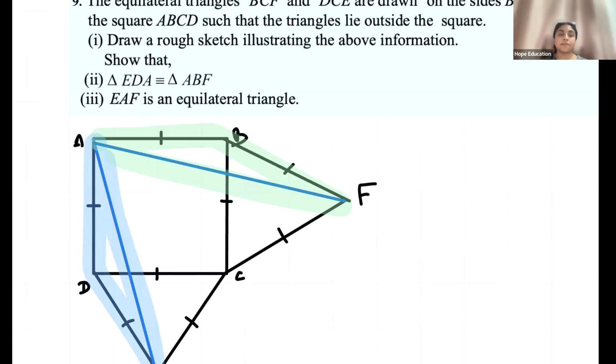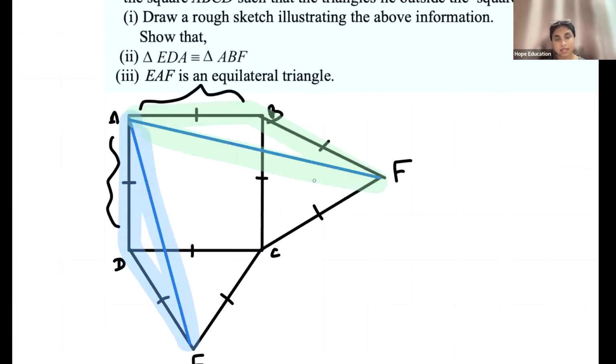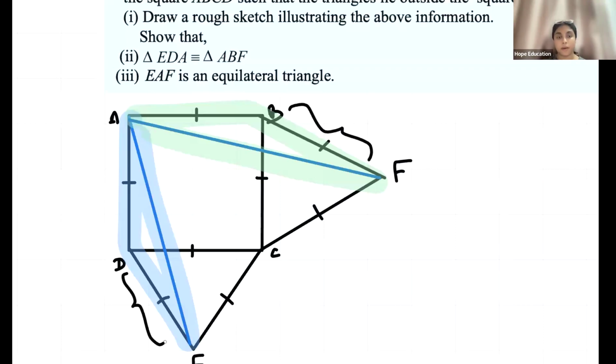All right, let's see. This side and this side are equal. So we have one pair of sides. This side and this side are equal. So we have another pair of sides. It says the angle included between the equal sides should also be equal.